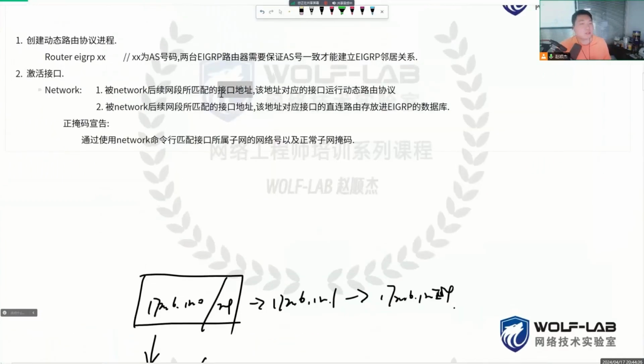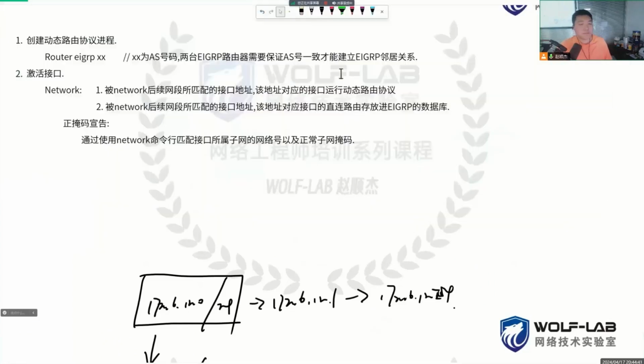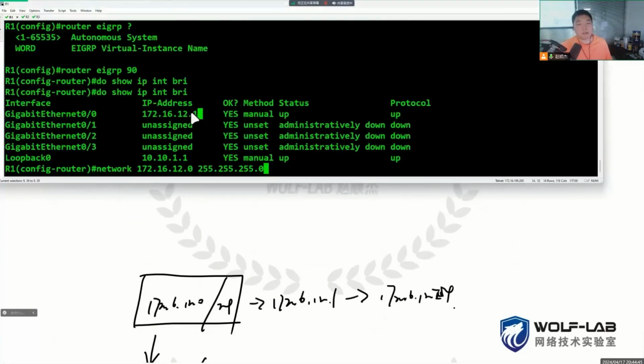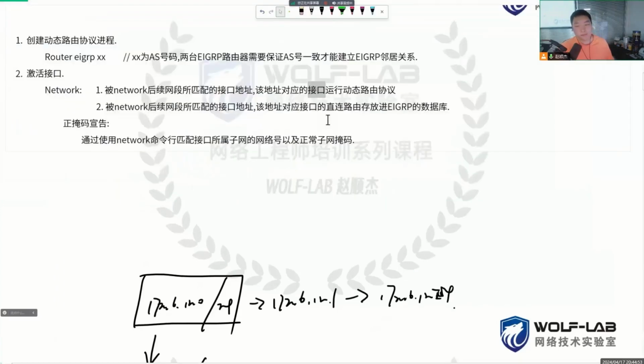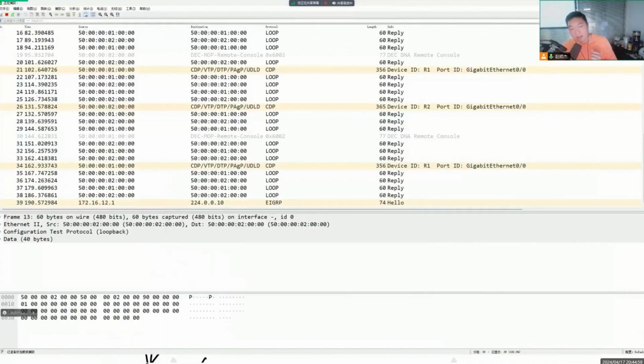We matched an interface address, the address of the 0/0 interface. What to do after being matched? The interface corresponding to our address, the 0/0 interface, can run our EIGRP. Classmates, match the interface address, and the corresponding interface runs EIGRP.